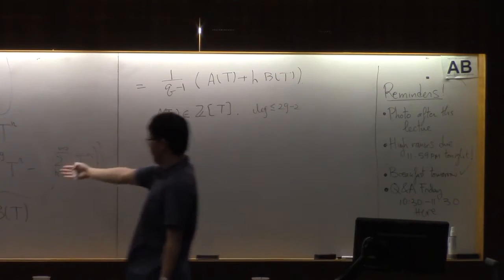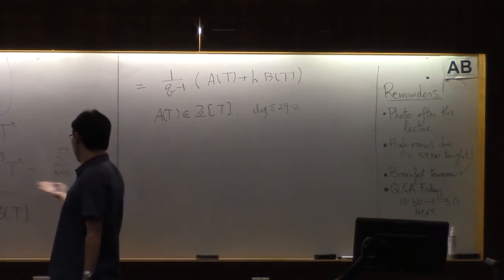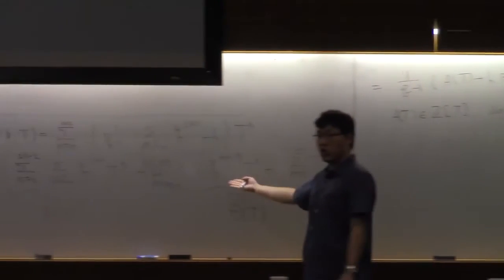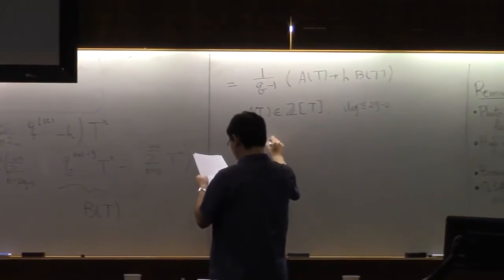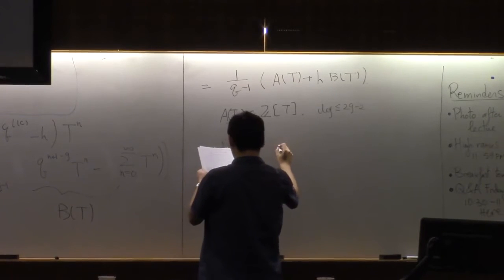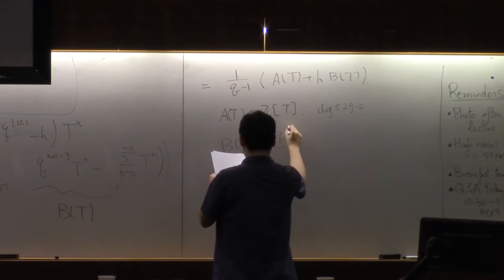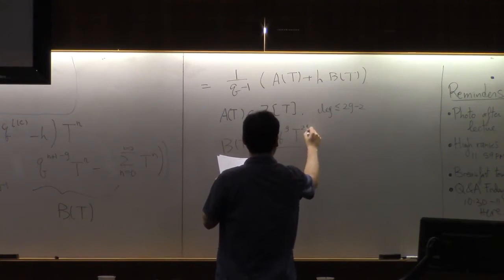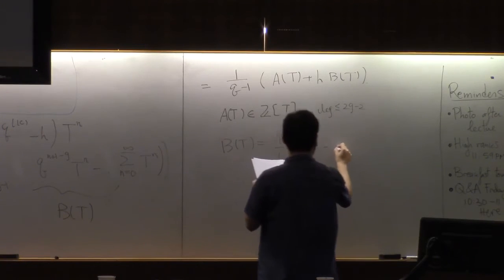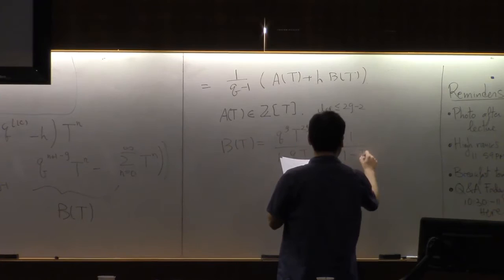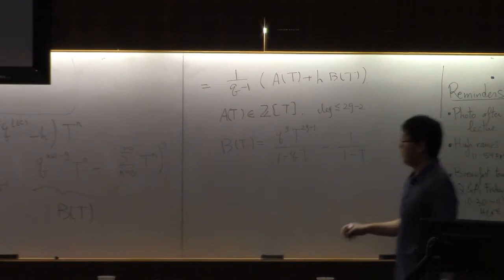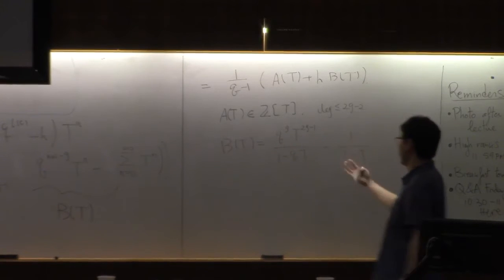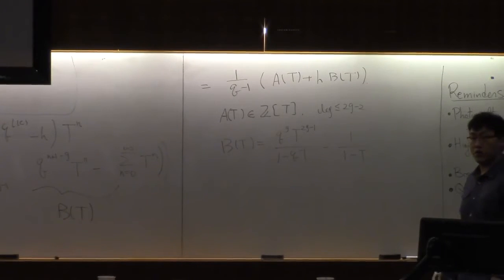For B(t), because we have such a very explicit expression of the formal power series, we can compute B(t). It is the difference of two rational functions. You just do the computation, and you can check B(t) is a rational function.